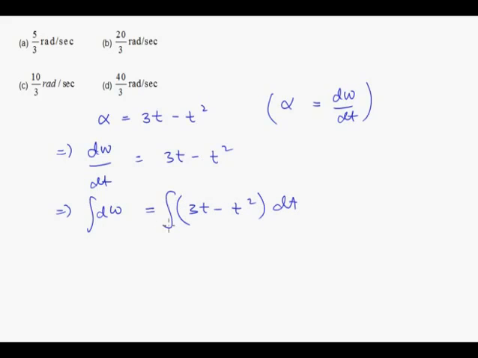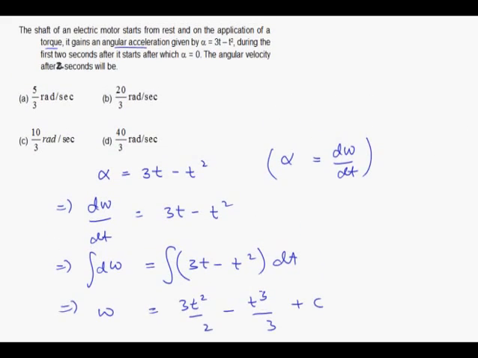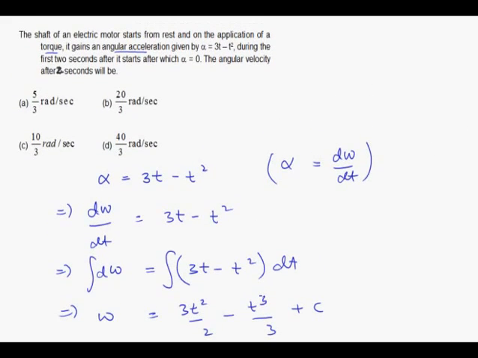And I integrate both sides so that I get the value of omega as 3t square upon 2 minus t cube upon 3 plus some constant. Now as you can see from the problem, we have been told that when t is 0, the omega itself will be 0, because it starts from rest.